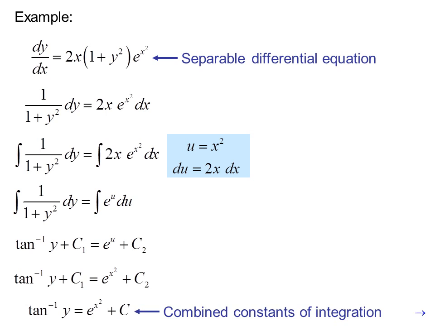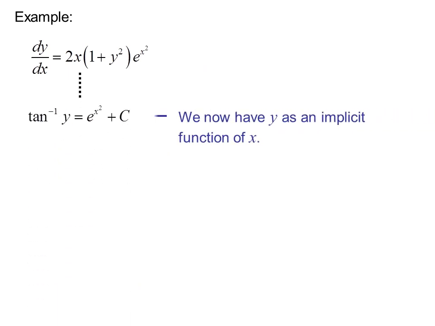Combine the constants. We now have an implicit function of x. That is, it could be interpreted as a function of x, but it's not solved for y yet.